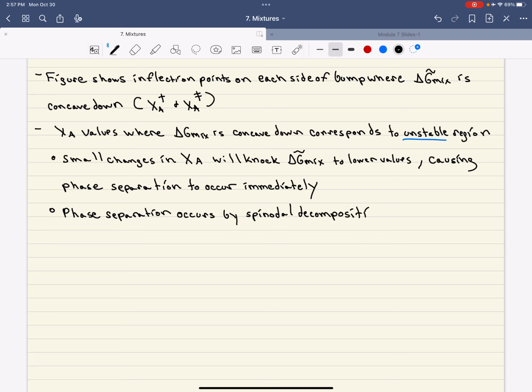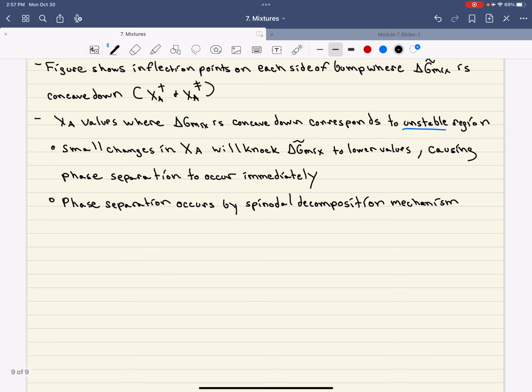We won't talk about the details of spinodal decomposition. That's outside the scope of the class. But just know that this means it happens very quickly. Okay. So that's what happens when you're in the unstable region.